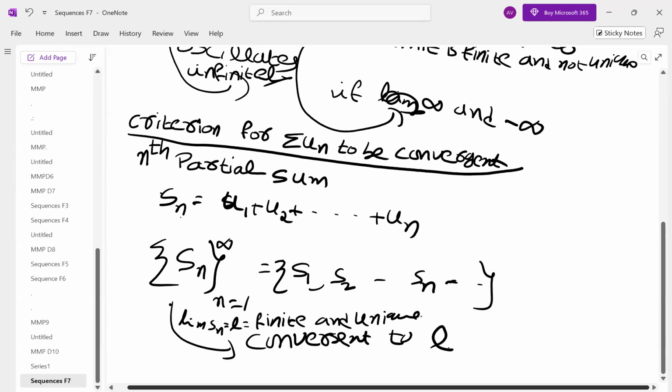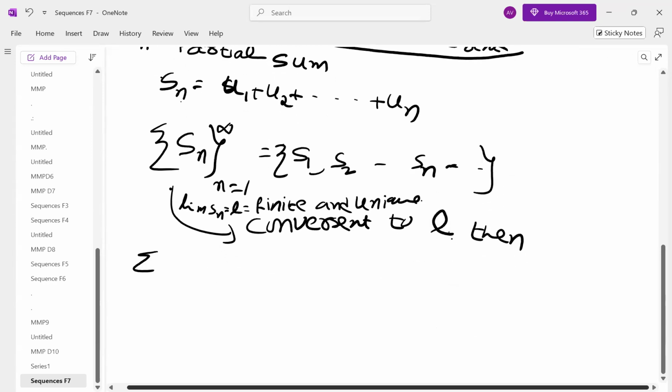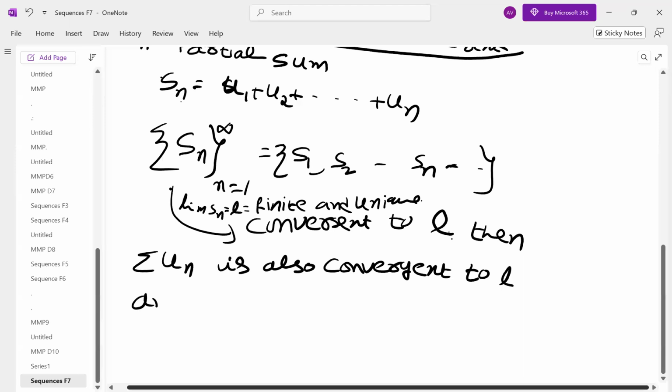If the limit is finite and unique, that is, if the sequence Sn is convergent to L, then we say the corresponding series is also convergent, and summation un, n equal to 1 to infinity, is equal to this limit.